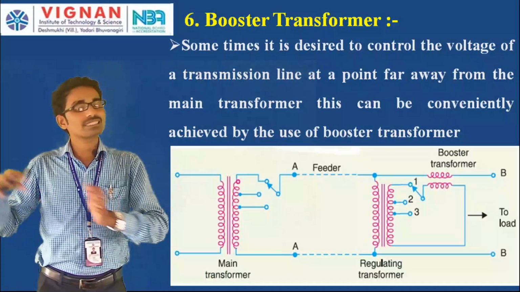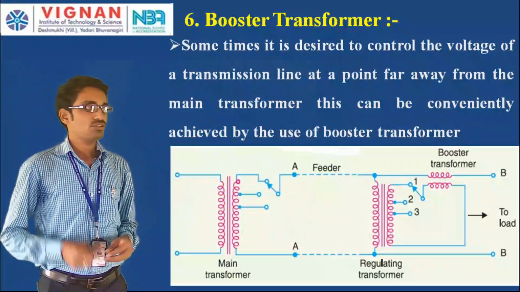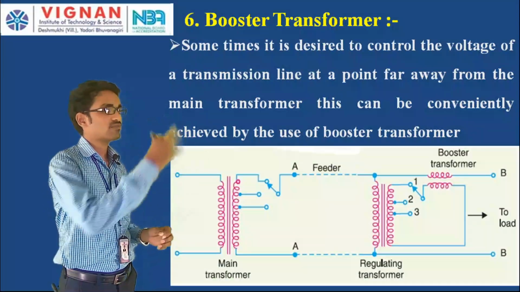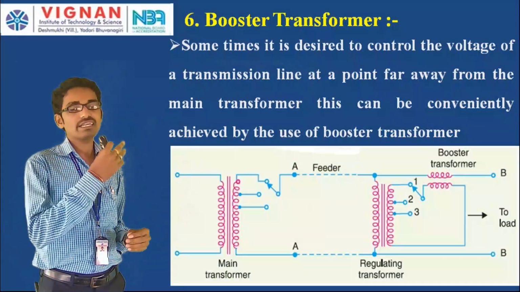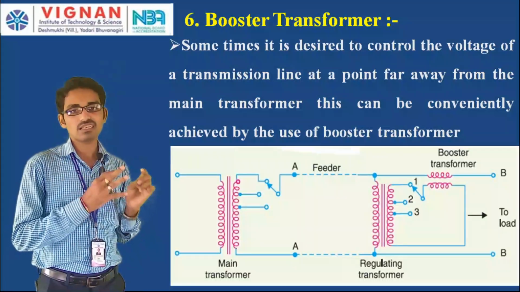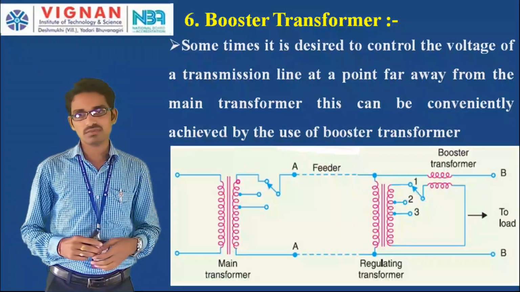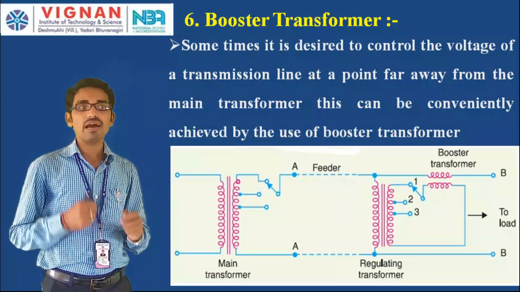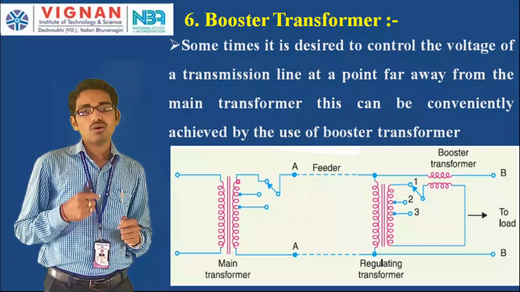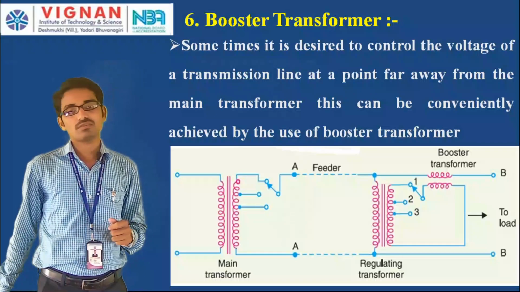The main transformer is present, let us take, at the generating station. You are required to change the voltage far away from the main transformer. At those particular locations we are going to use a booster transformer, in order to have fine tuning of the voltage.